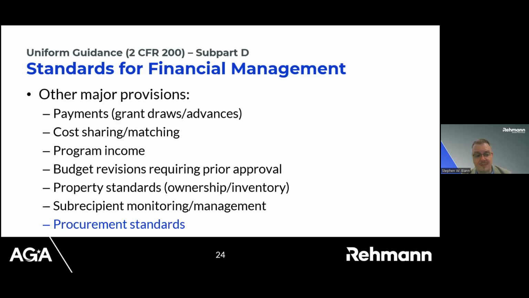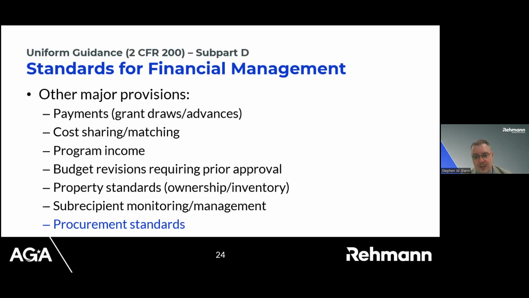And there's a fairly substantial amount of information to be followed for entities that have sub-recipients, where you have received funds from an entity and are passing them on to someone else to carry out a program on your behalf. So in those situations, sub-recipient monitoring and management adds a fair amount of additional requirements. I believe we have some slides on that, but it's important to note if you're passing funds through to others that you are subject to some additional requirements that you might not otherwise have been aware of.